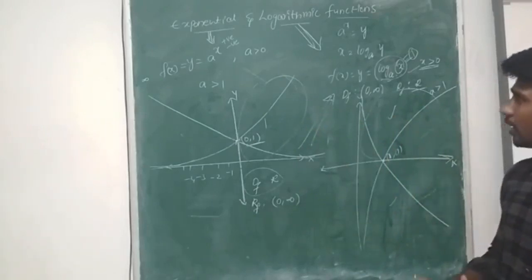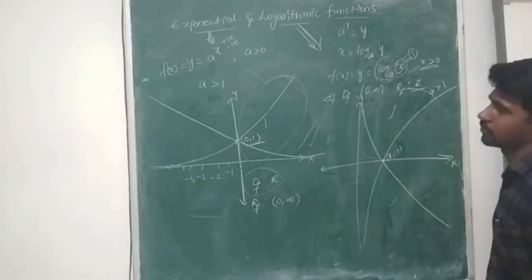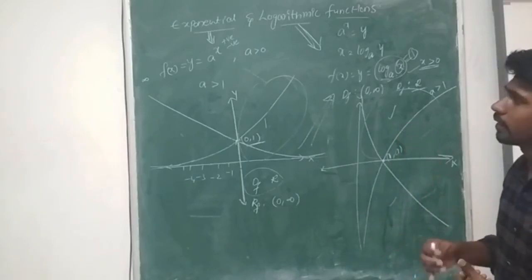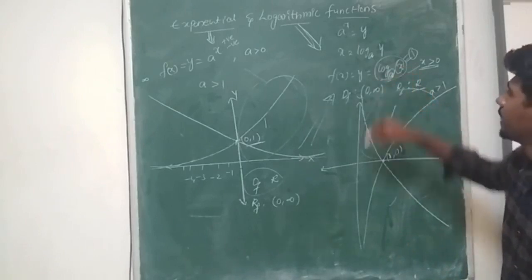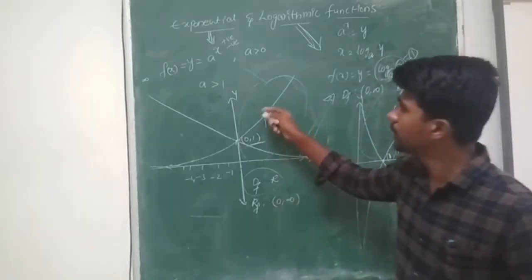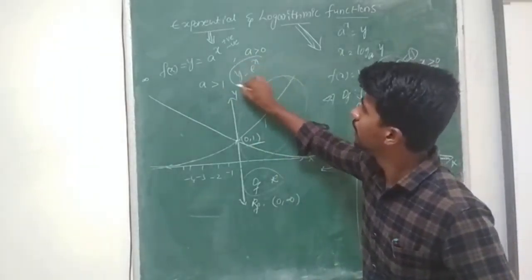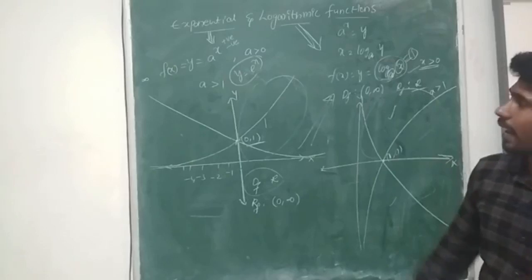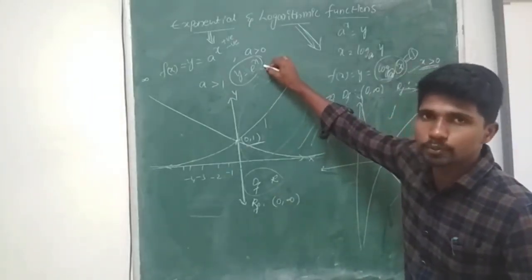Now we have learned about general exponential functions as well as general logarithmic functions. When we get an exponential function, if the base, the value of a, becomes e, so y is equal to e power x, this we call the natural exponential function.